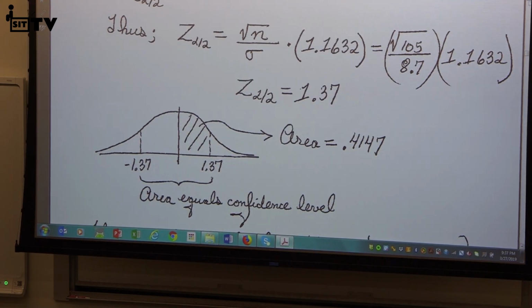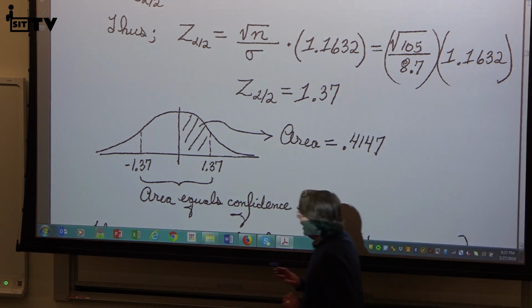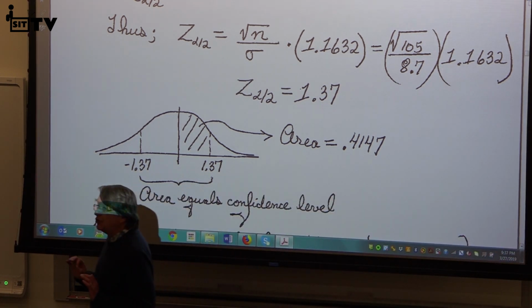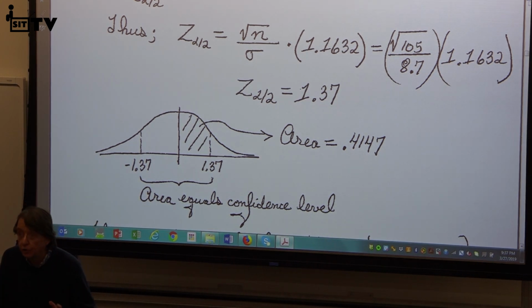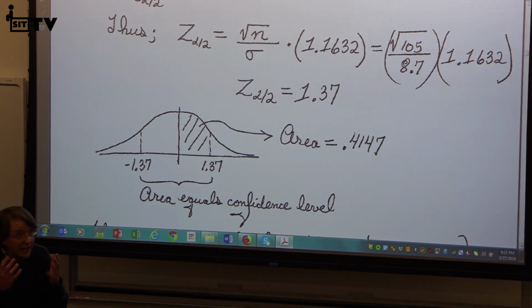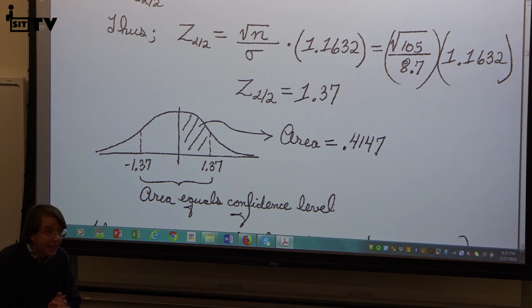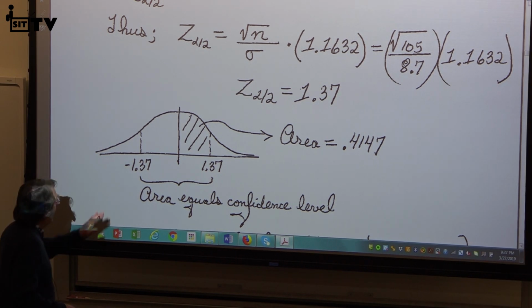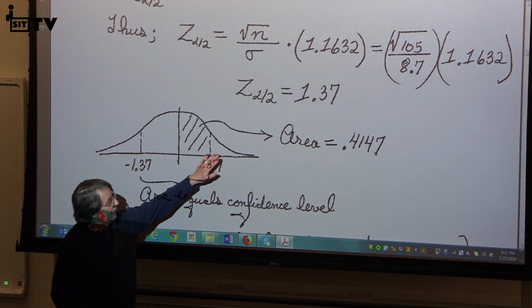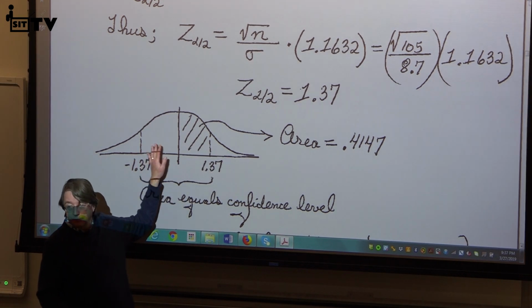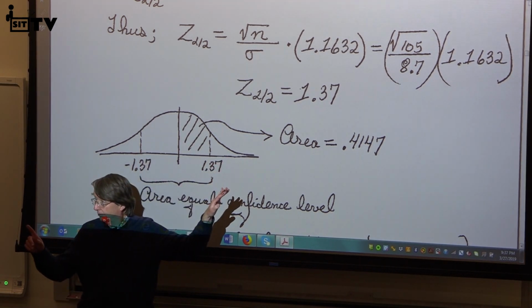Justin, you asked a great question, and let me now answer it. My colleagues, why the notation z sub alpha over 2? Here's the notation used by people who do Gaussian estimation. Alpha is the area under the tail, both tails.